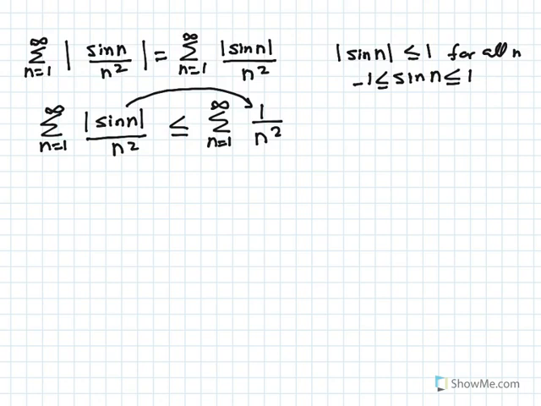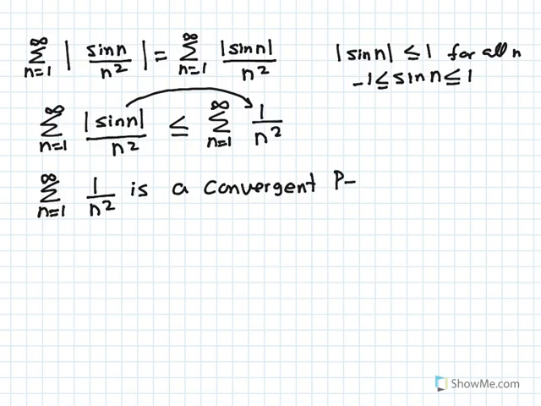So now we know that the summation n equals 1 to infinity of 1 over n squared is a convergent p-series. Why is it convergent? Because p is equal to 2, greater than 1. Convergent p-series with p equals 2 greater than 1.